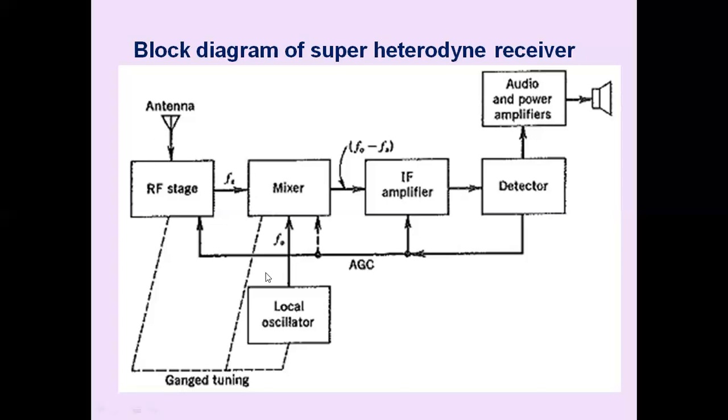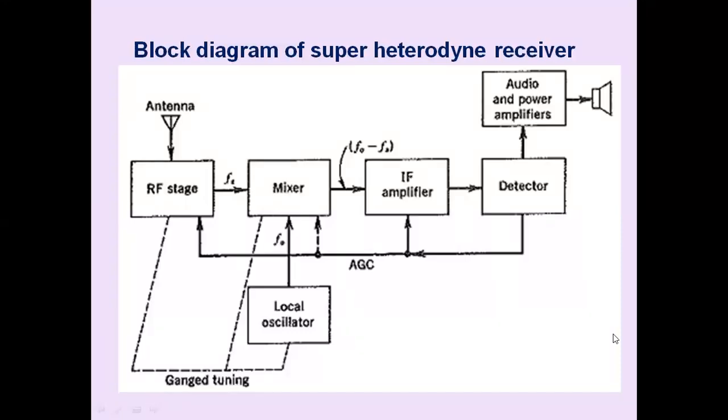When there is an RF stage, prevention of local oscillator radiation through the antenna is possible, because the local oscillator only has to mix with the RF signal. It does not have to go to an antenna. If there is no RF stage, this local oscillator signal will be radiated through the antenna unnecessarily. That is the reason the RF amplifier provides us all these advantages.